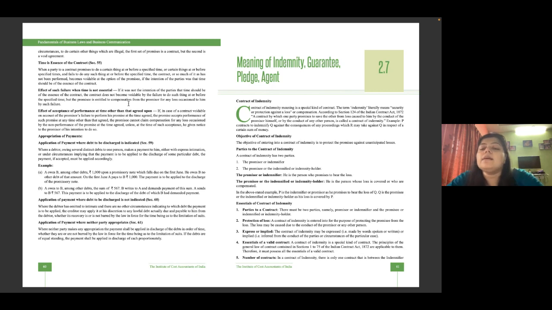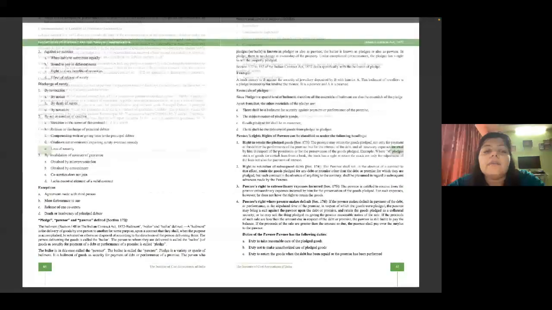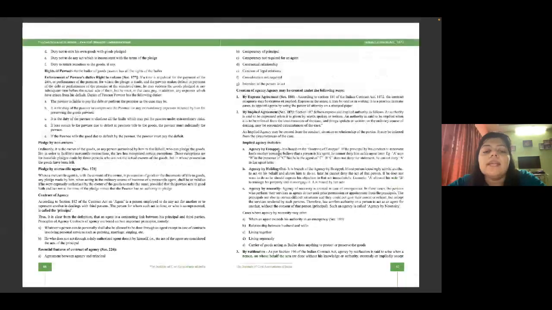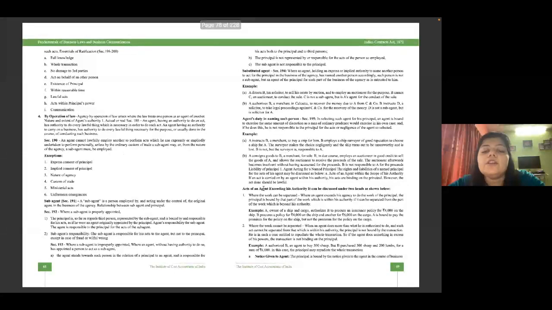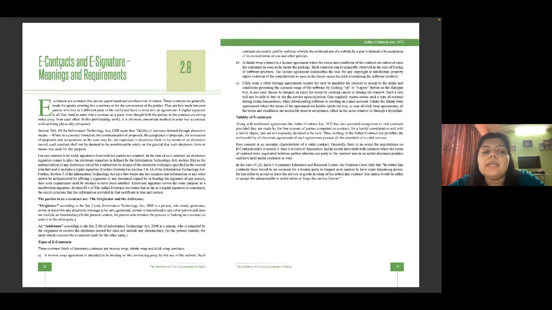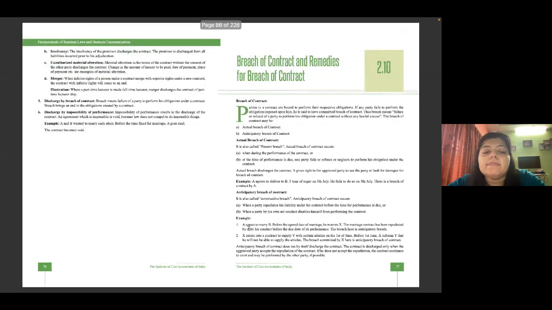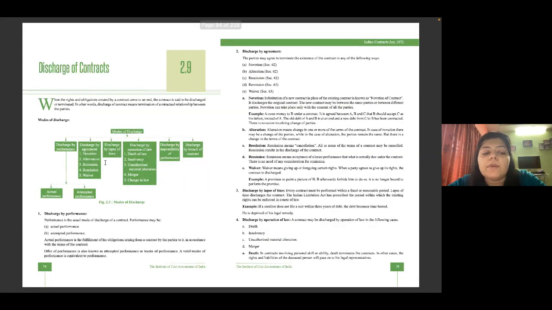The next topic that we would be dealing with is that of indemnity, guarantee, pledge, and agency, whereby we are going to look at the various concepts which are a part of special contracts in contract law, and eventually we talk about e-contracts and e-signatures and discharge of contracts, how exactly the contracts would be said to have concluded, whether it is by performance or by lapse of time.